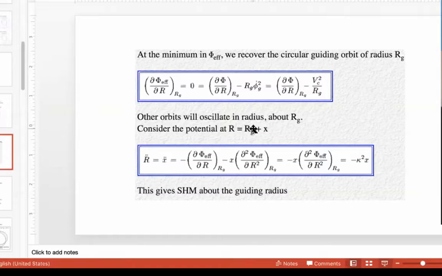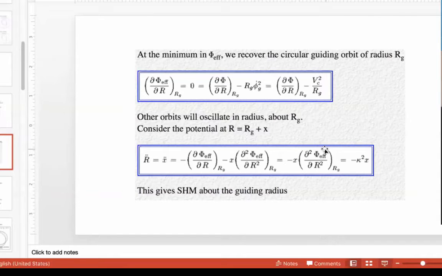But let's put in an epicycle. So now we'll call the deviations in the radius x. When x is positive, that means your object of interest. This could be the sun, by the way. The sun executes epicycles about its guiding center. It defines an effective potential, which is basically the gravitational potential plus a centrifugal barrier.